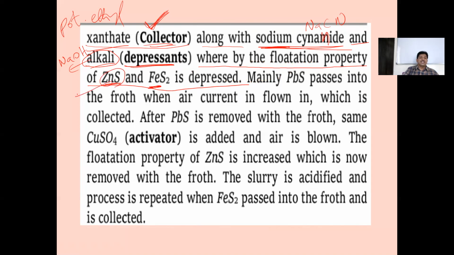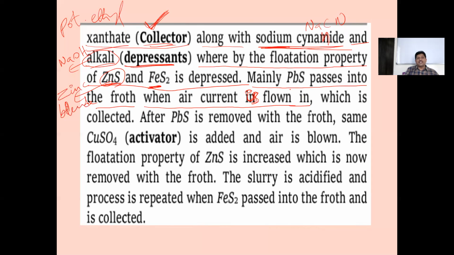ZnS is nothing but zinc blende. What is the name of ZnS? Zinc blende. So zinc blende, ZnS, will be settled at the bottom. FeS2 also will be settled. Next, mainly PbS passes into the froth bubbles. When an air current is flown inside, what happens now?